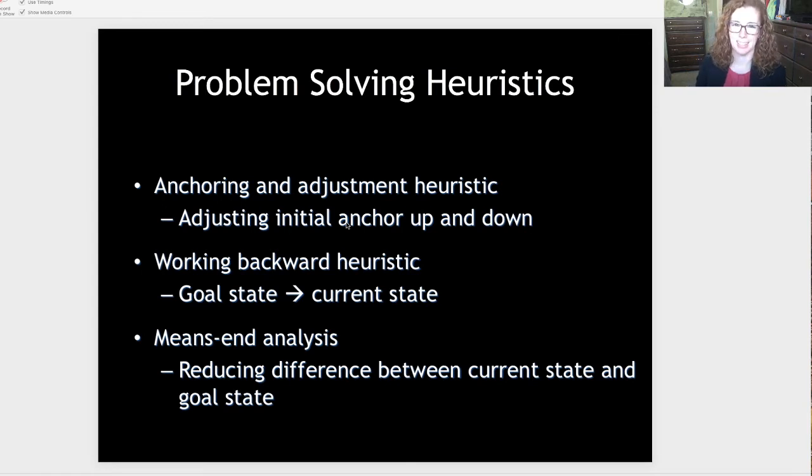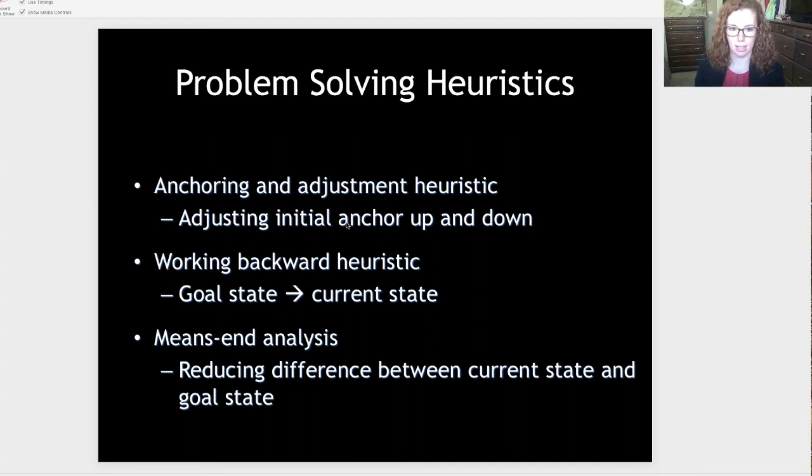The means-end analysis is a little bit similar. It's used in artificial intelligence. It's a kind of cyclical process, so you're going through this cycle of reducing the difference between the current state and the goal state. How you do that is, you have to know where the goal state is, you have to know what you want, and basically you're taking a step in one direction of this problem, and you're evaluating whether or not you're moving closer to the goal or further away.